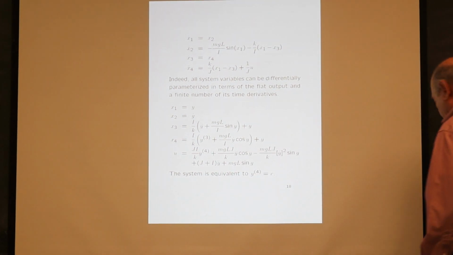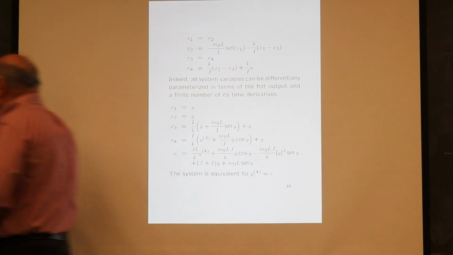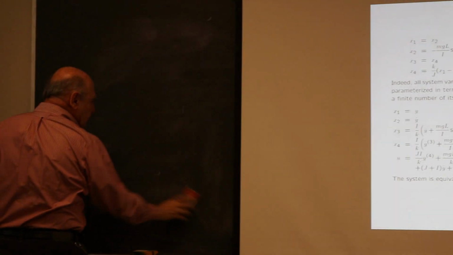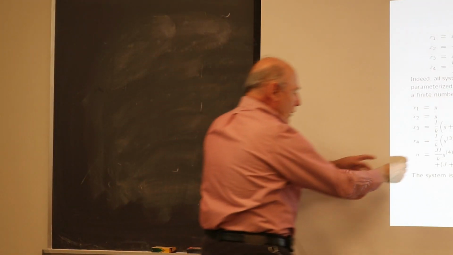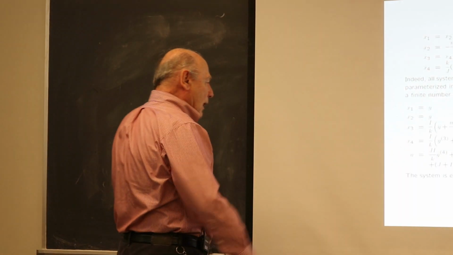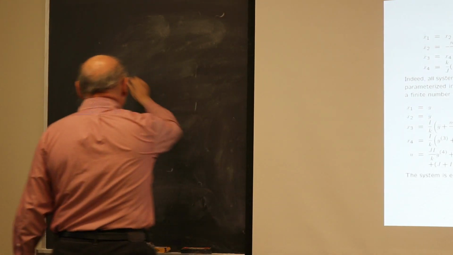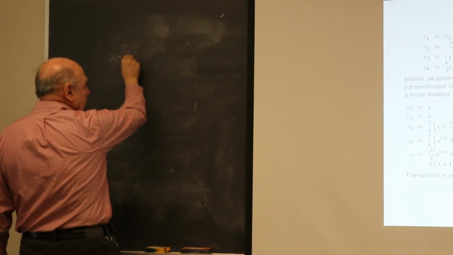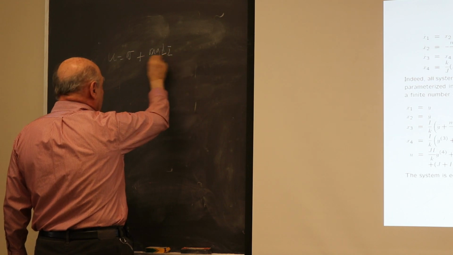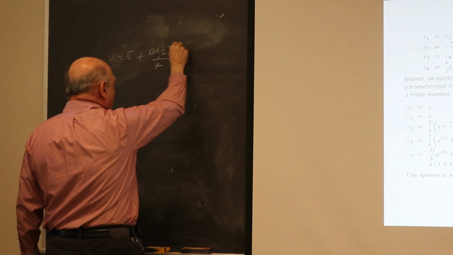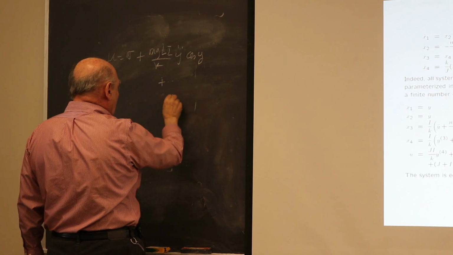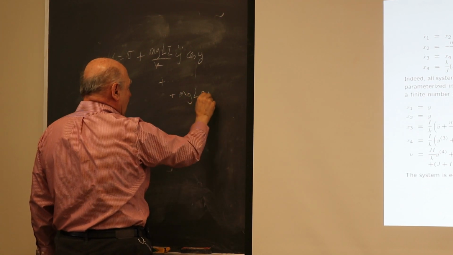So if you define u as this plus all these nonlinear functions, that gives you the possibility of redefining u equals v plus all those nonlinear functions, m b l I over k y double dot cosine of y plus etc., all the way up to m g l sine of y.